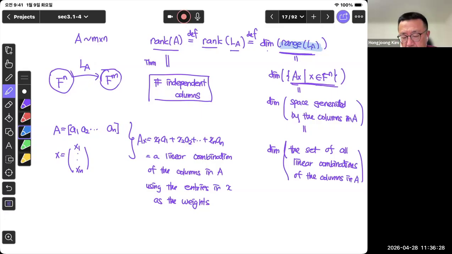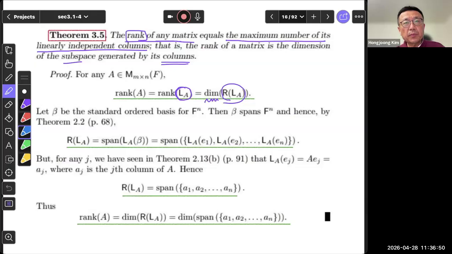And that defines the rank of a matrix. And the theorem says that all these dimensions just represent the number of independent columns in a matrix. Okay? So that is the meaning of this theorem 3.5.